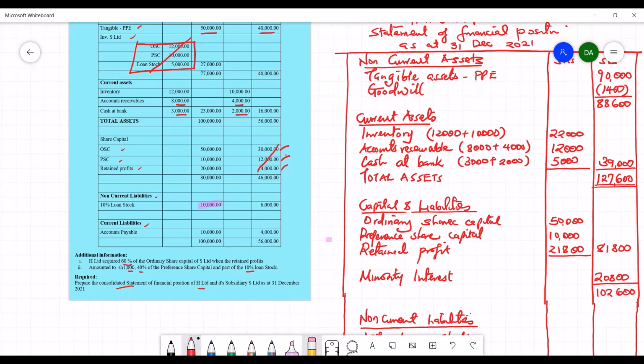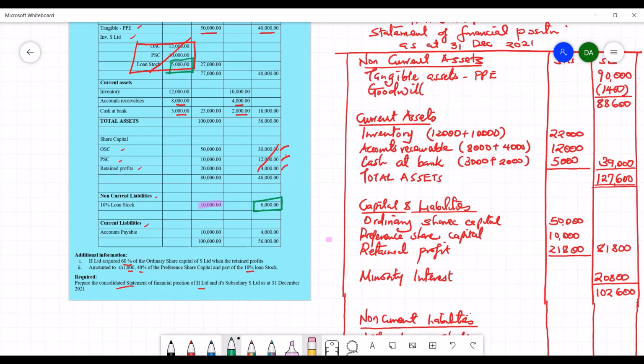Then we talk about the amount that is owed to the third parties by the subsidiary. The third party is owing a total of 6,000, but part of the 6,000 is owed to the parent company. The parent company is owed 5,000.